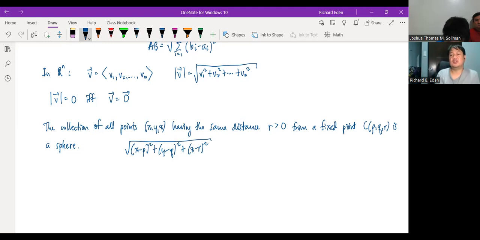Oh, hold on, sorry. It is rather unfortunate that I used r for the radius and the fixed point C has r as one of its coordinates. Let me replace r by s. So the square root of (x minus p) squared plus (y minus q) squared plus (z minus s) squared is equal to r.